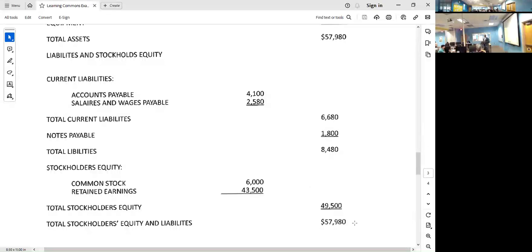Post them to the ledger. The ledger is those T accounts, the general ledger. You record the transactions in the general journal and you post to the ledger.